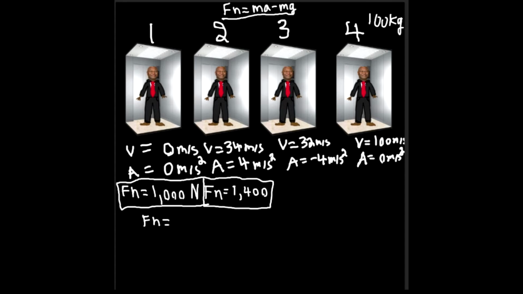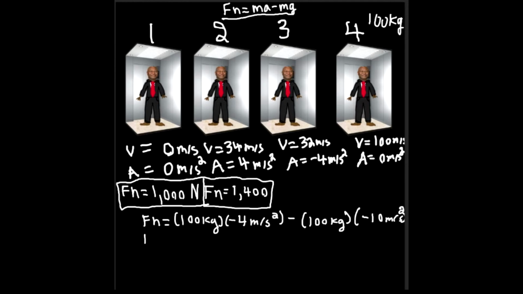Fn equals mass, 100 kilograms, multiplied by the acceleration, which in this case is negative 4 meters per second squared, minus the mass, 100 kilograms, multiplied by negative 9.81, or my bad, negative 10 meters per second squared.